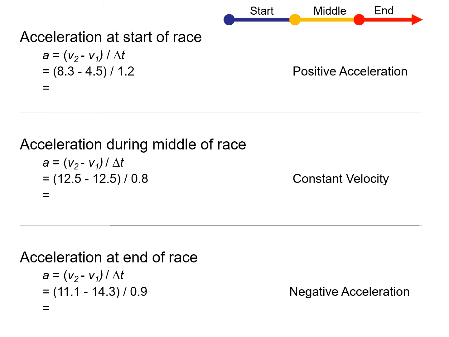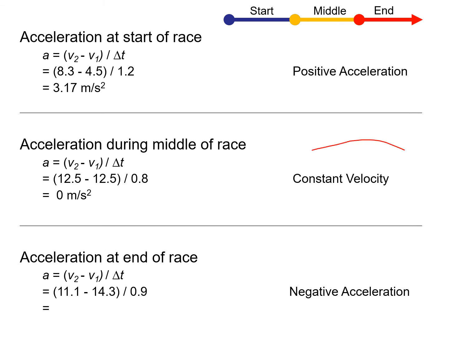So let's look at what determines positive acceleration, negative acceleration, zero acceleration. We'll take our first example here. We had a positive acceleration. If, let's say, they did their entire foot race, and their velocity at the end and in the beginning was both 12.5 meters per second, 12.5 minus 12.5 equals 0. 0 divided by 0.8 is 0 meters per second squared.